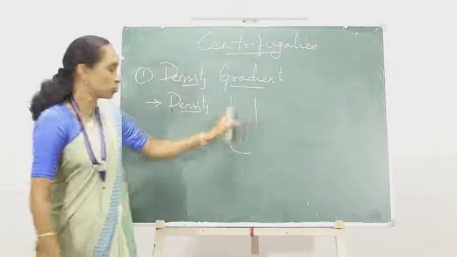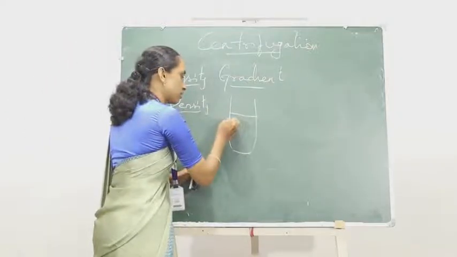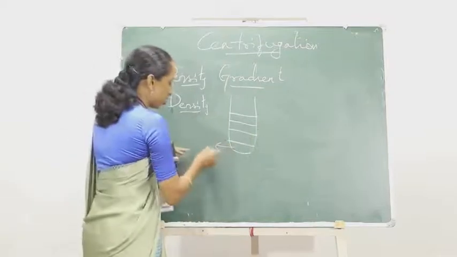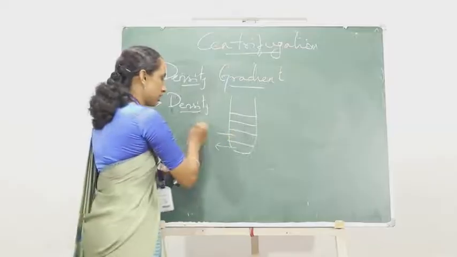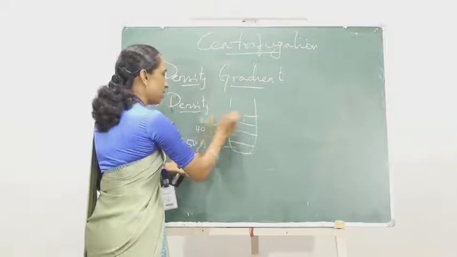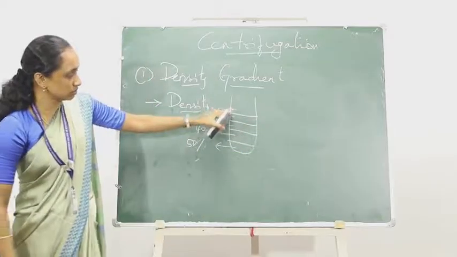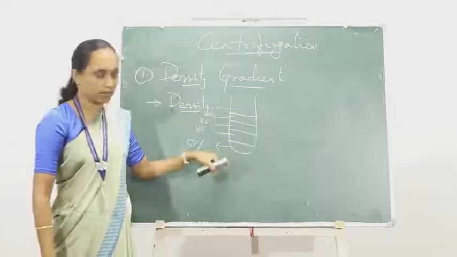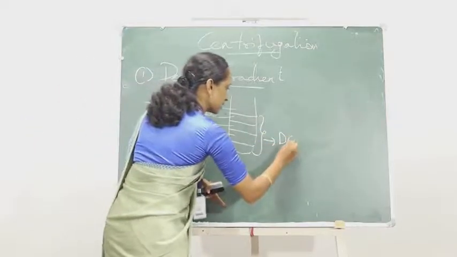In this, sucrose solution or any density gradient solution is filled at different concentrations. Like here, higher density of around 50% sucrose, and then 40, 30, 20, 10. So it is layered based on concentration. Higher concentration will be at the bottom, and this is the density gradient.